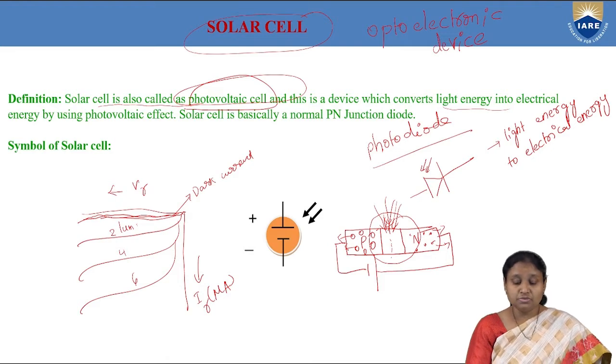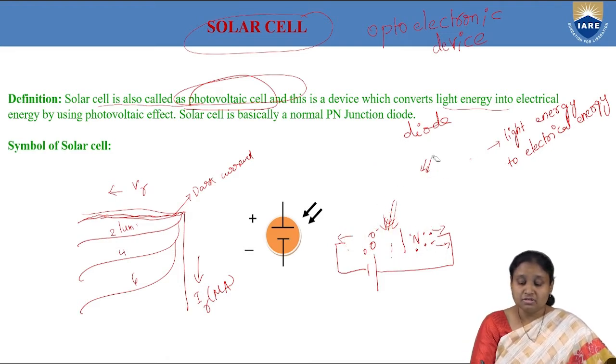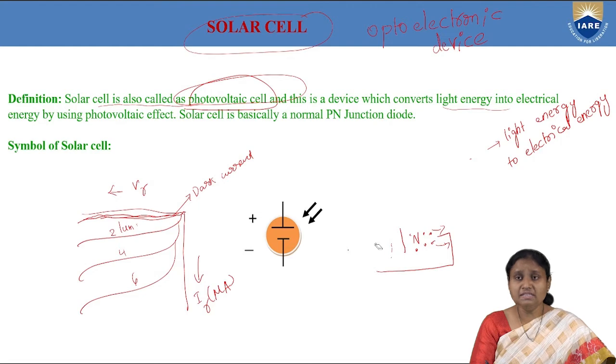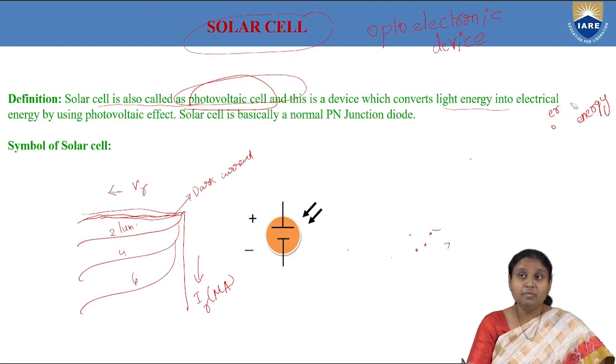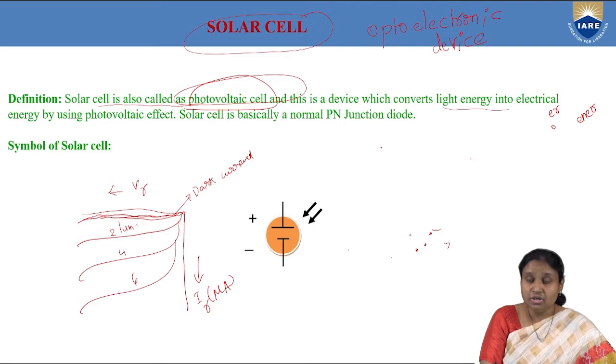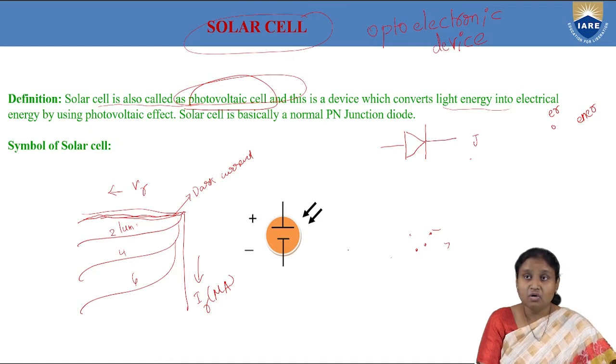Coming to the symbol of the solar cell, as we have discussed different optoelectronic devices: for our normal PN junction diode, generally we take a triangle followed by a vertical line. This is the symbol of a normal junction diode.